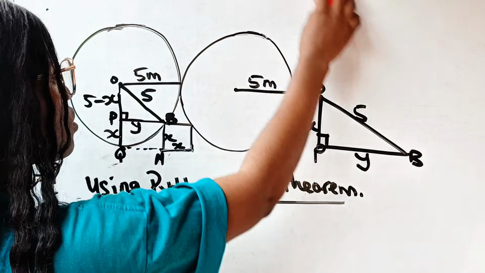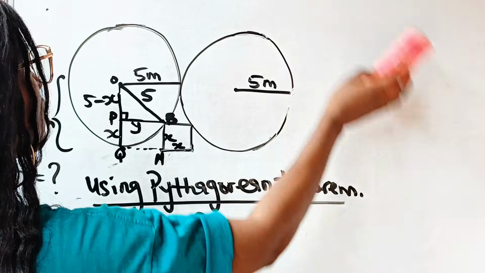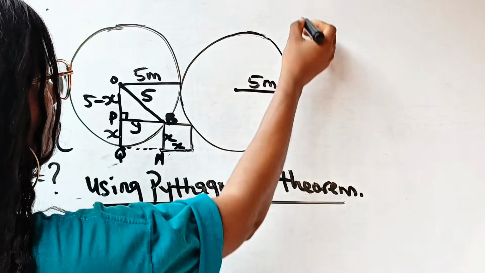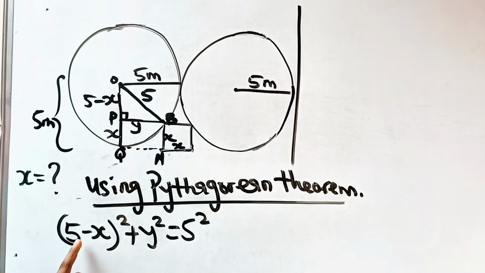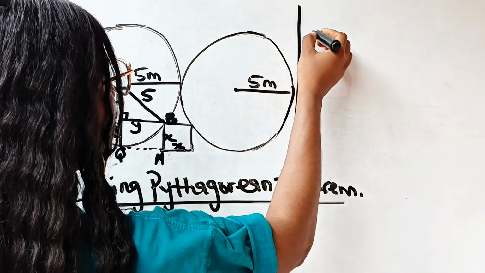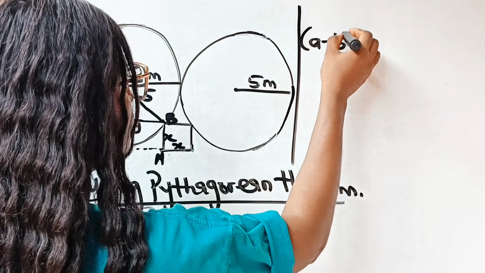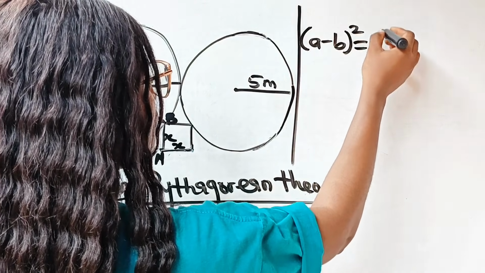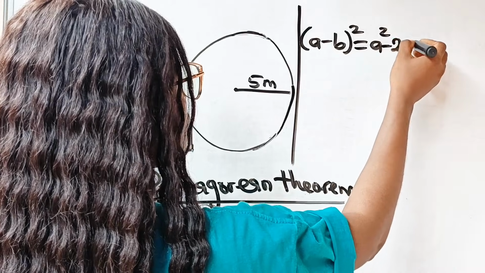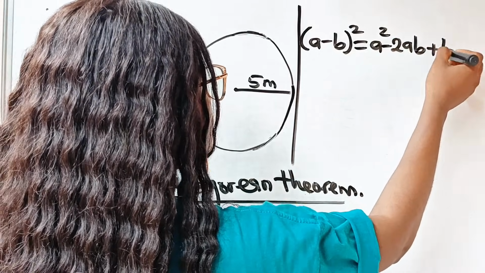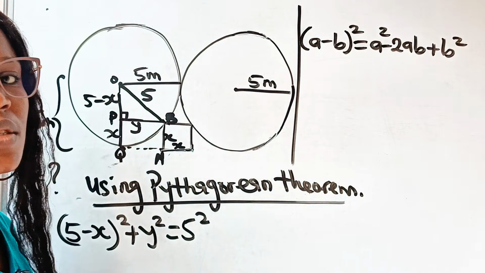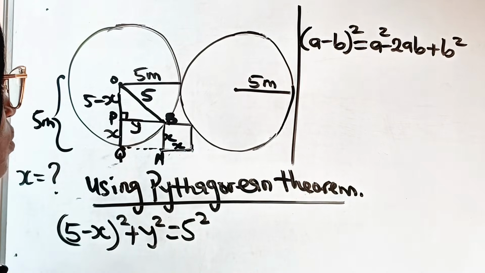Okay, so solving further, remember, a minus b squared is equal to a squared minus 2ab plus b squared.